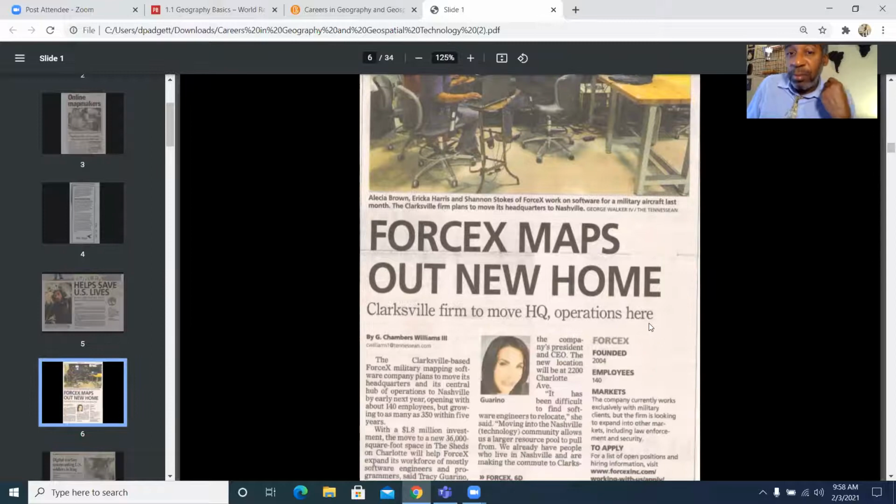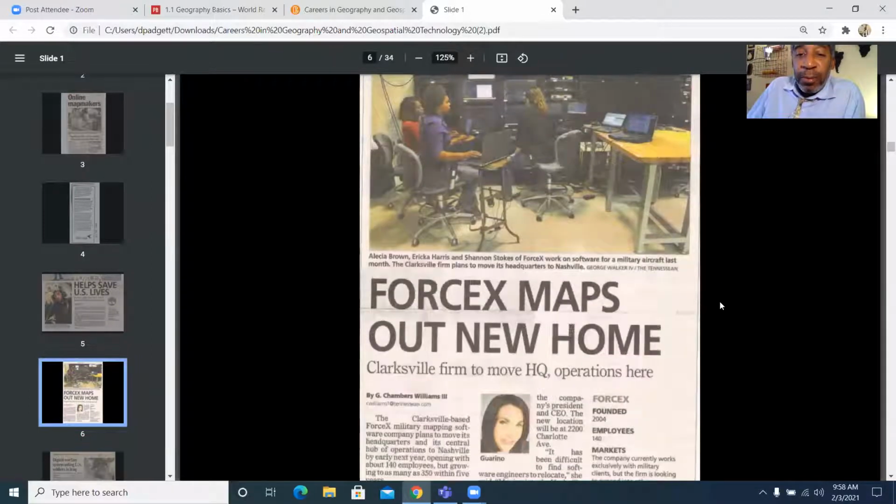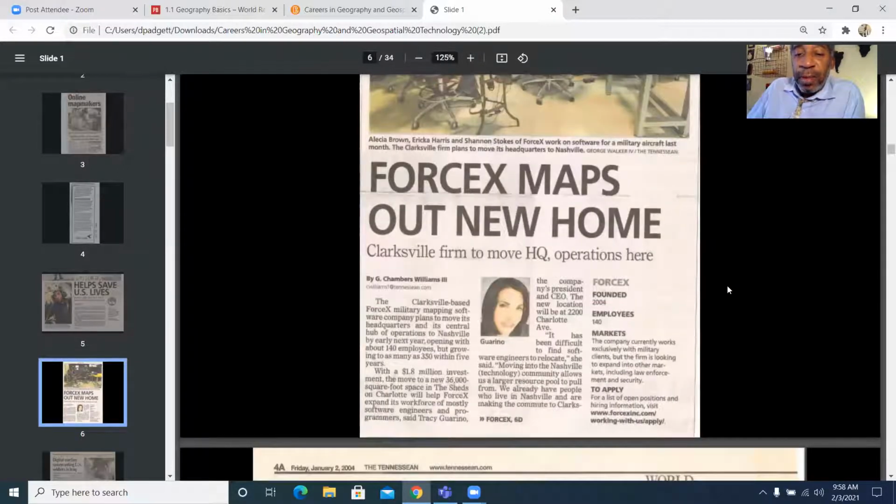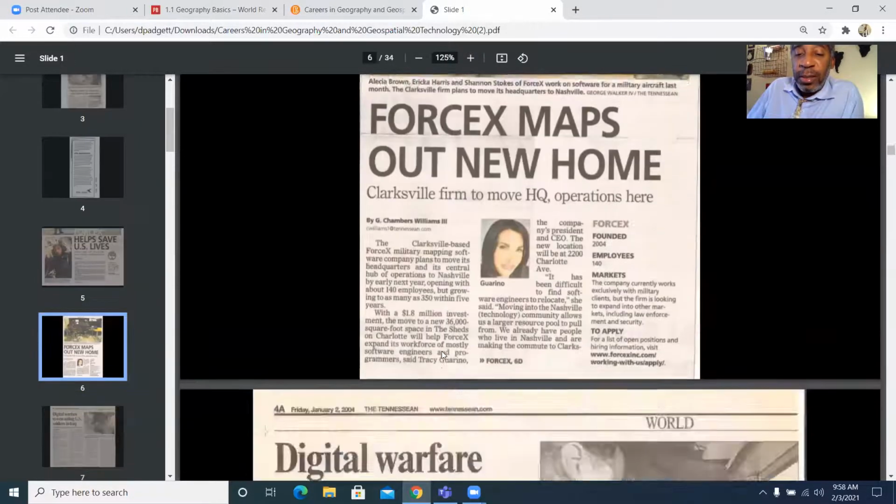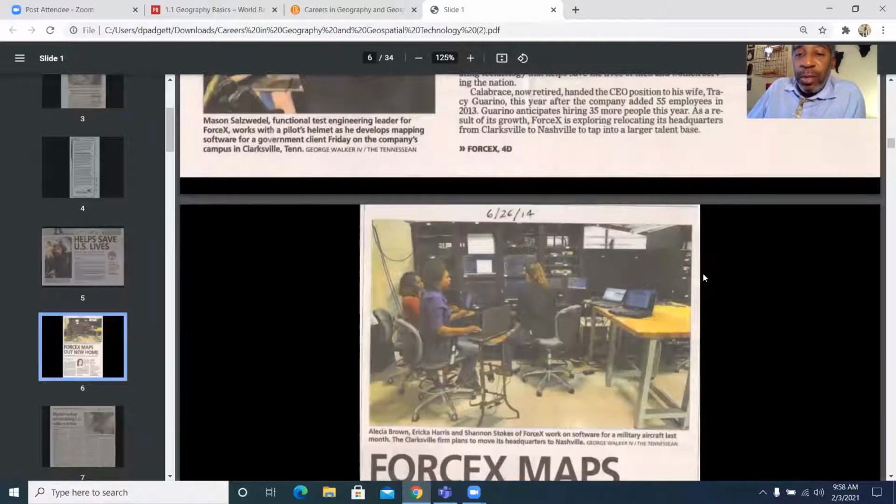So if you are in engineering or computer programming, you should really look up this company. I think this company now has a valuation of $1 billion. This article was written in 2014, and it's 2021 now.